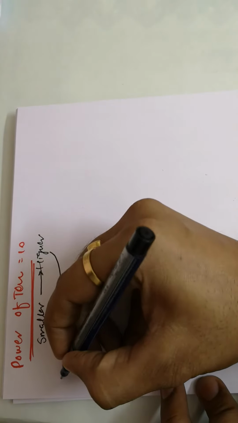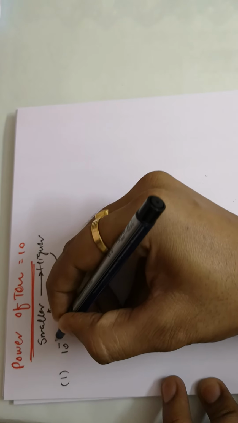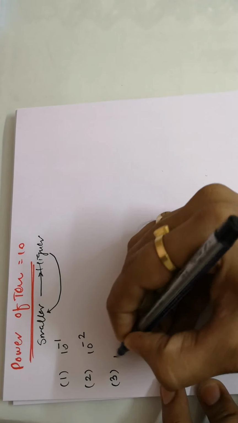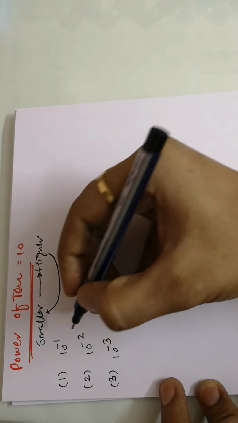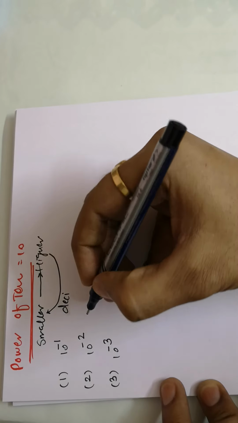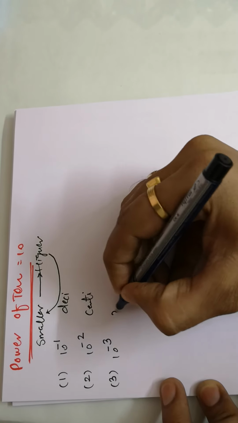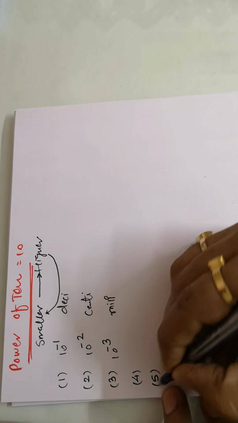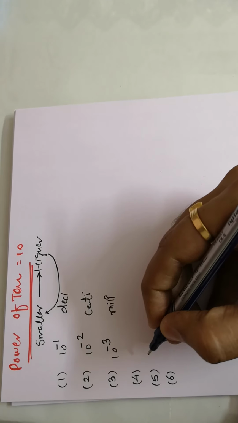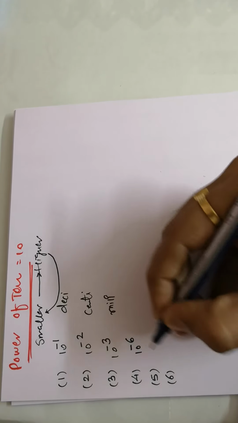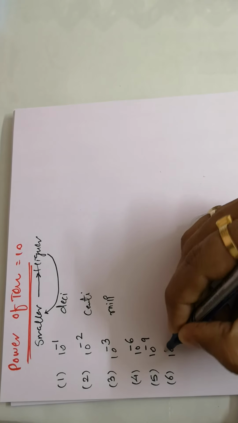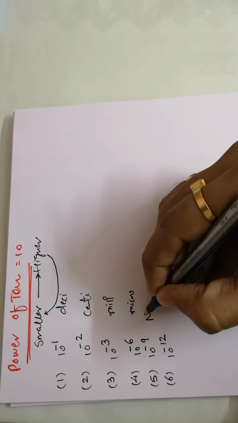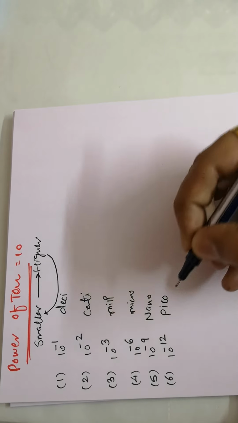First we have 10 to the power minus 1, 10 to the power minus 2, and 10 to the power minus 3. 10 to the power minus 1 is called deci, then centi, then milli. The fourth, fifth, and sixth are 10 to the power minus 6, 10 to the power minus 9, and 10 to the power minus 12. These are called micro, nano, and pico.